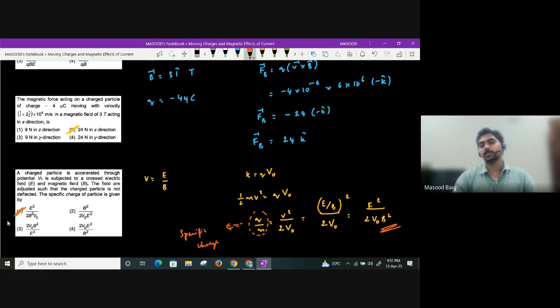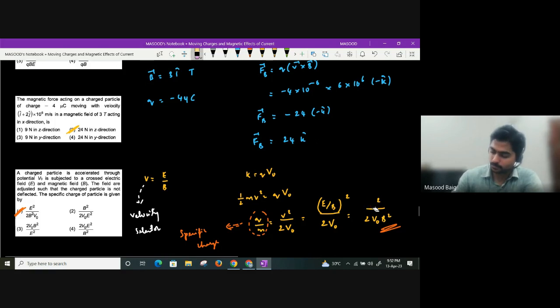If we are projecting it with a speed equal to E by B, and that speed is called the velocity selector. Is that clear, everyone? So you'll get it as E square divided by 2 V naught into B square. Clear?